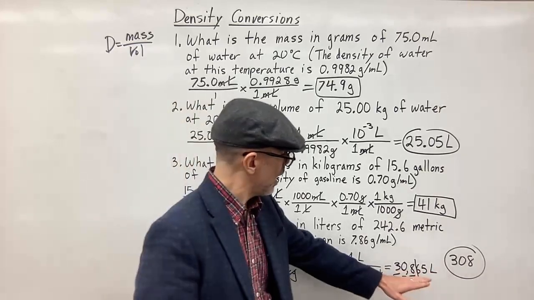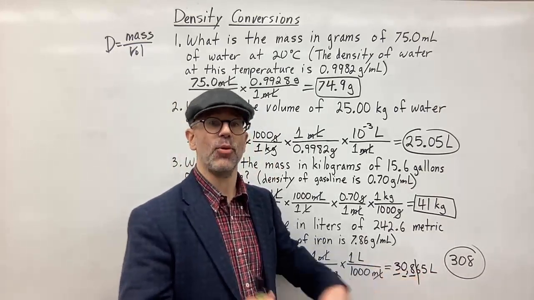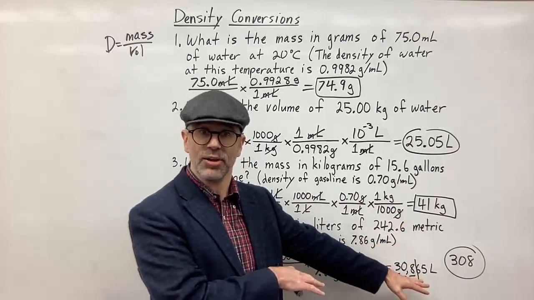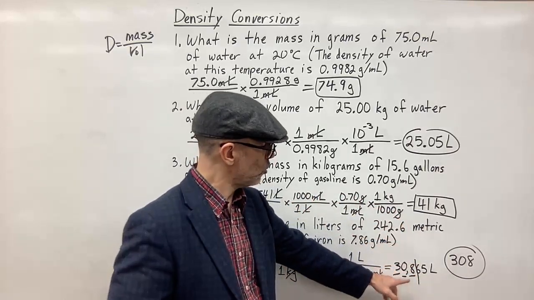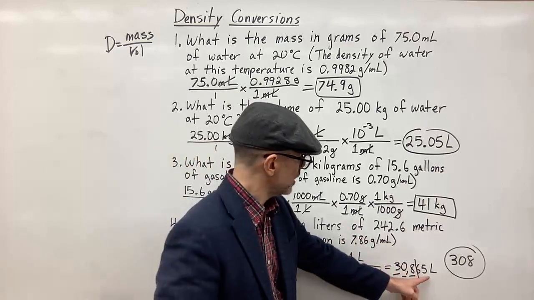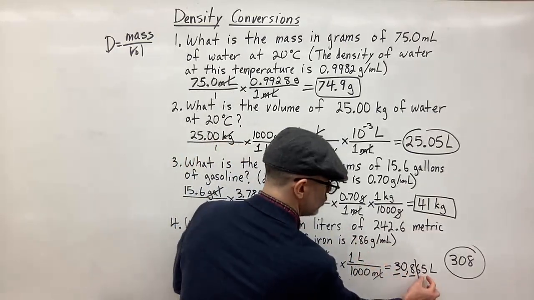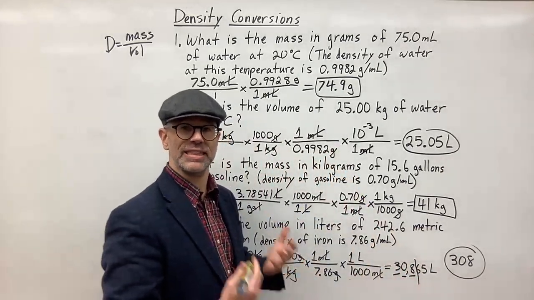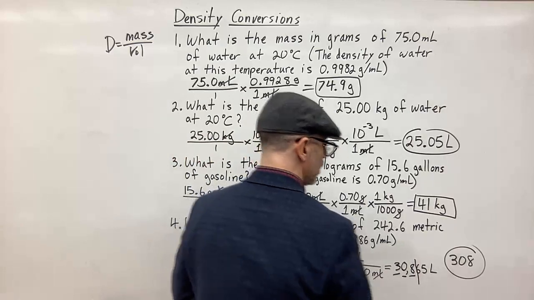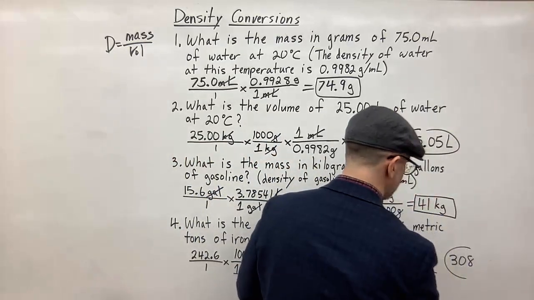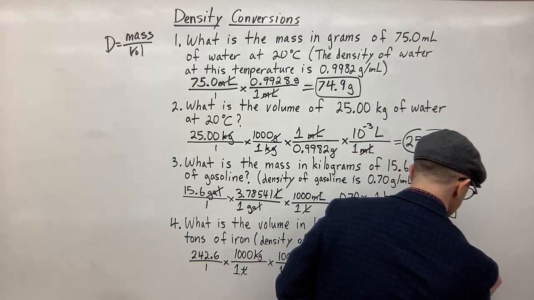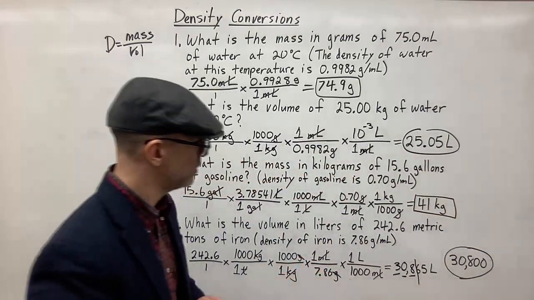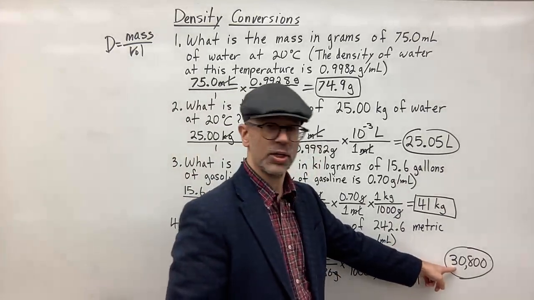So we want to round our answer, but we want our answer to be close to what the calculated answer is. And so what we do here in this case is that these two digits that we dropped have to be replaced with zeros. And so our answer would be 30,800. That would be the correct answer.